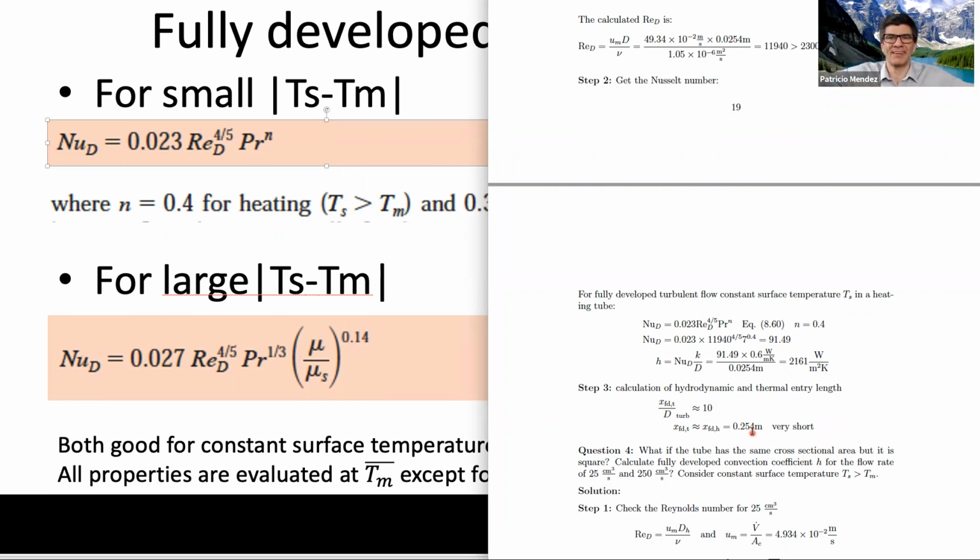So if we decide that our heat exchanger was 1 meter long, we made the heat exchanger 1 meter long to take advantage of the thermal entry length in laminar flow. Now that we're in turbulent flow, we realize that who cares?